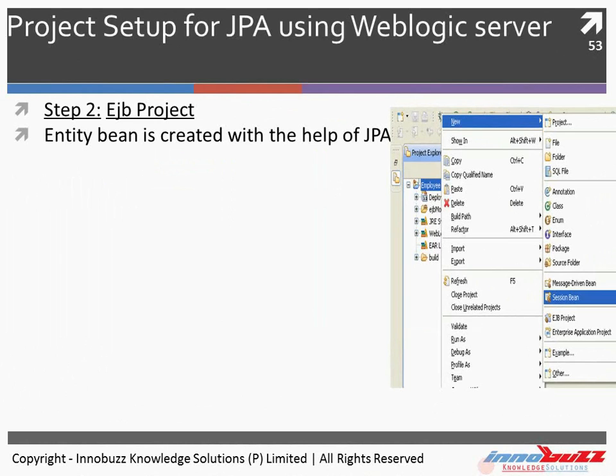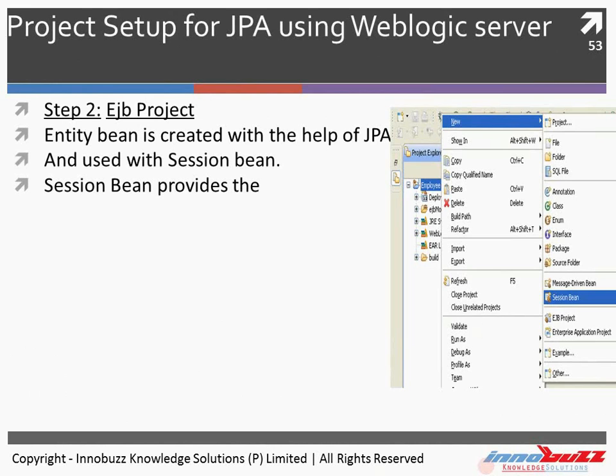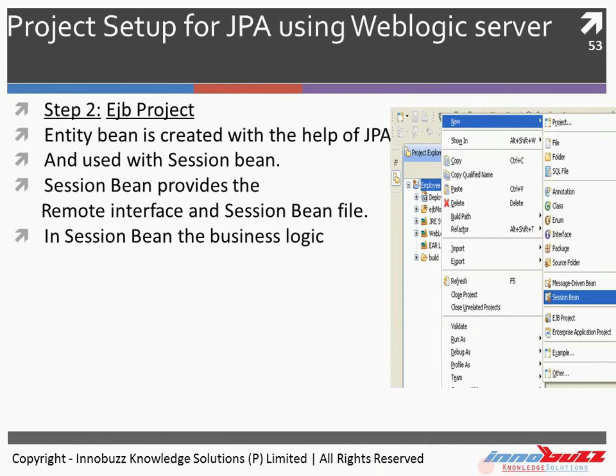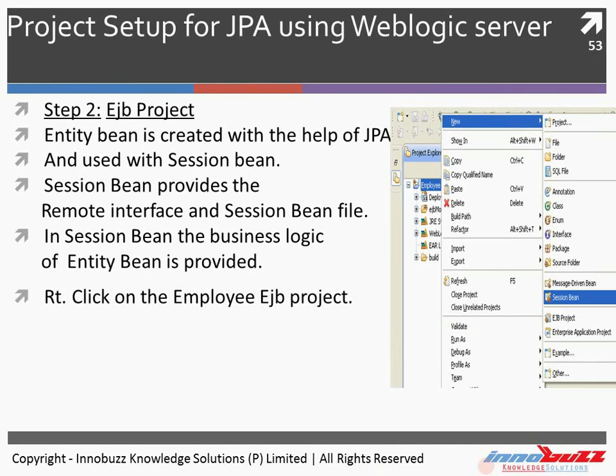Here the entity bean is created with the help of JPA, Java Persistence API, which can be found in Eclipse, which gives the option. Before that, the session bean provides the remote interface and session bean file. And in the session bean, the business logic is written. So right click on the employee EJB project which we have created and then select new session bean.